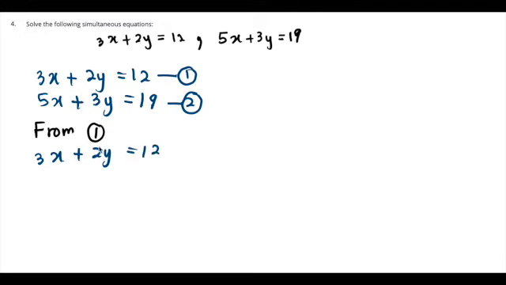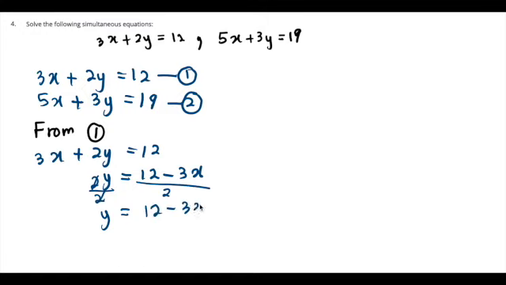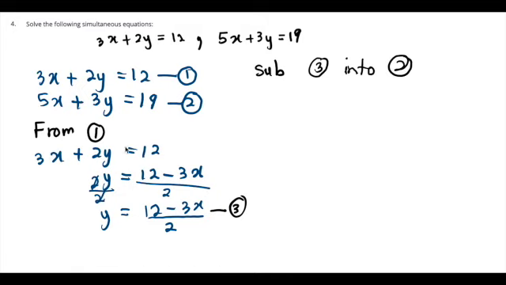So write down equation 1 again and find out y equals what. But there I have 2y, so I need to divide by 2. So I get y equals 12 minus 3x over 2. That is my equation 3. So substitute equation 3 into the other equation, not equation 1, because 3 comes from 1. So I choose 2. So write down equation 2 again.